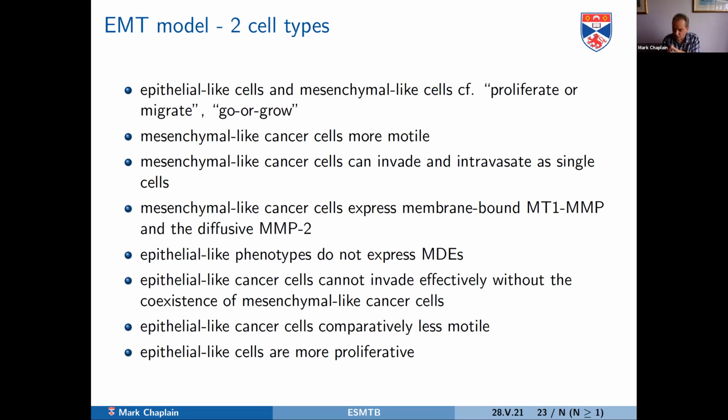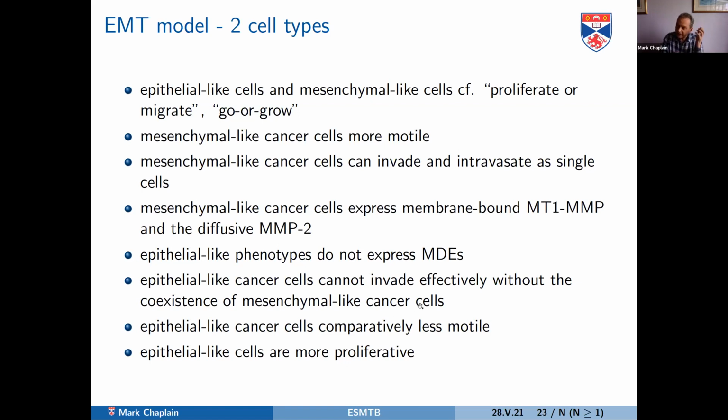Mesenchymal cells are more motile, and they're the ones leading the invasion. Another very important aspect of mesenchymal cells is that they can interact with blood vessels and enter them, a process known as intravasation. And it's the mesenchymal cells that are secreting all the enzymes. The epithelial-like phenotypes don't express any enzymes.